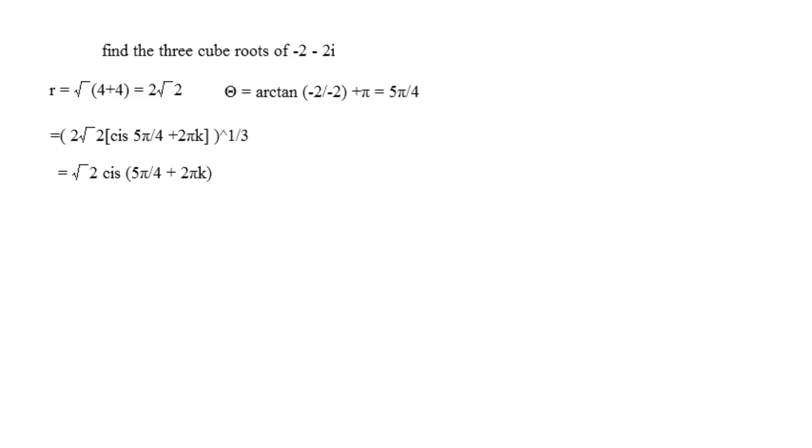Okay, and we are going to divide that by 3 in this case. Alright, and so what we're going to do is let k equal 0, 1, and 2 successively. Okay, so you plug it in and here's what it's going to look like.